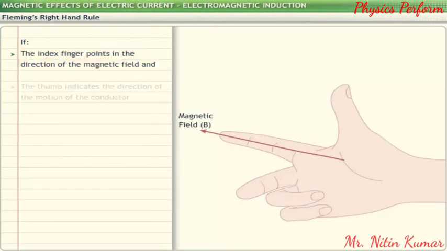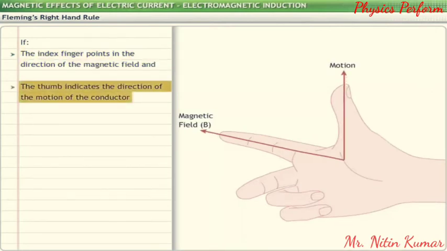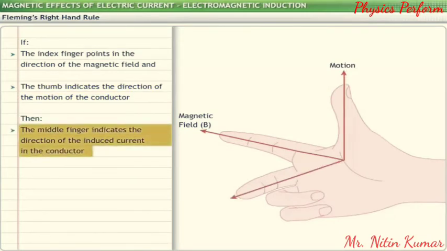If the index finger points in the direction of the magnetic field and the thumb indicates the direction of the motion of the conductor, then the middle finger indicates the direction of the induced current in the conductor.